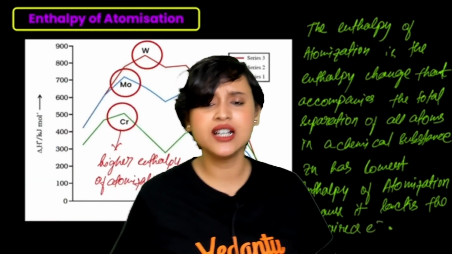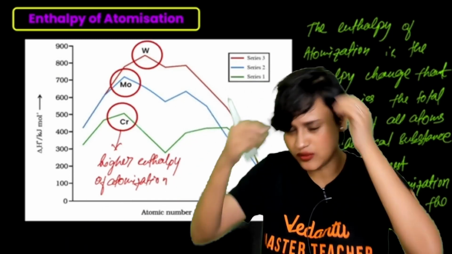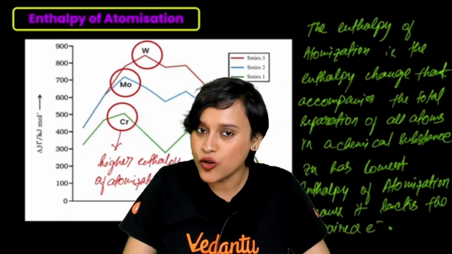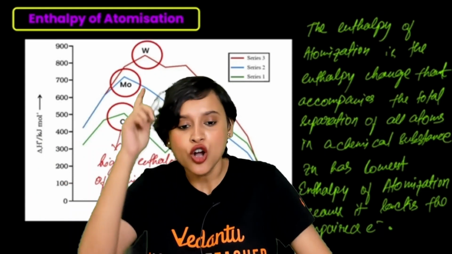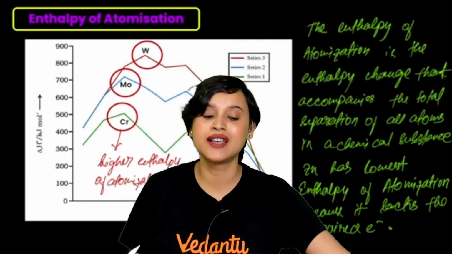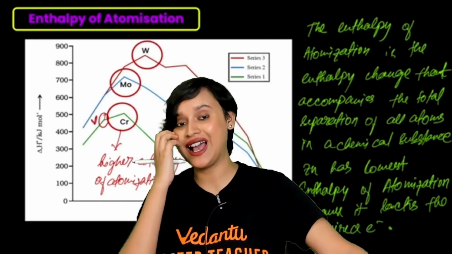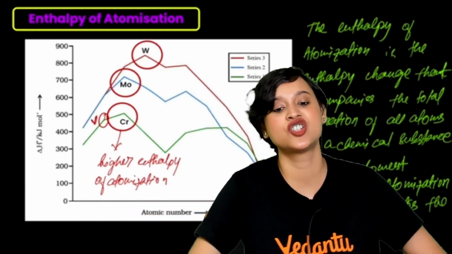So you can always understand that zinc is the exception in most cases. However, there is another exception. Just behind chromium, what do you have? Scandium, titanium, vanadium, chromium. Vanadium also has a very high heat of atomization among the 3d series. For this we don't have any particular reason, it just has.